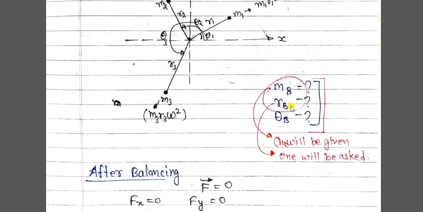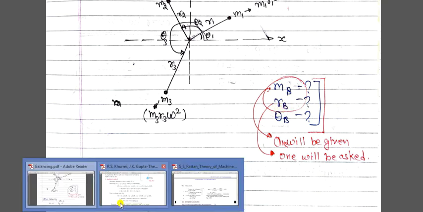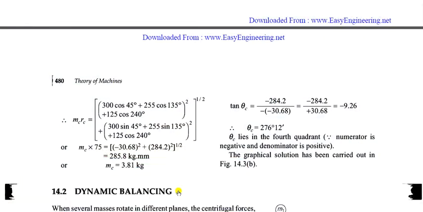Someone calls it balancing mass, and someone calls it counter mass. So RB means balancing mass radius. In this problem which we are solving here, RB is given and MB he is asking.